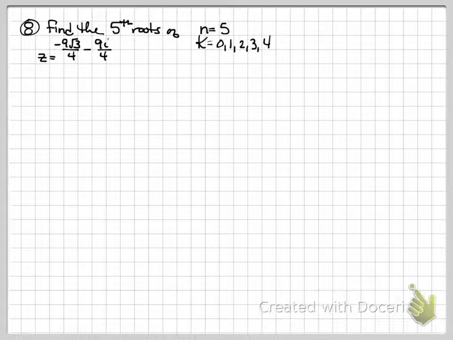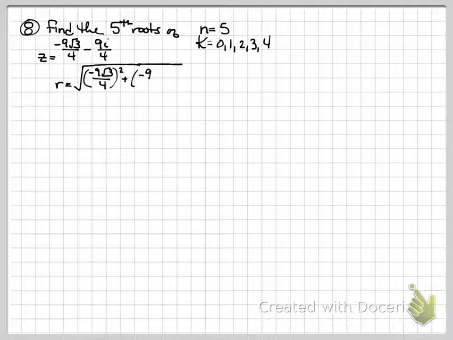Okay, so r is going to equal the square root of the negative 9 root 3 over 4 squared plus negative 9 over 4 squared.